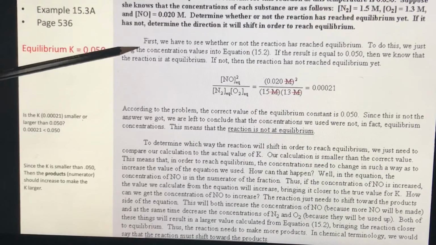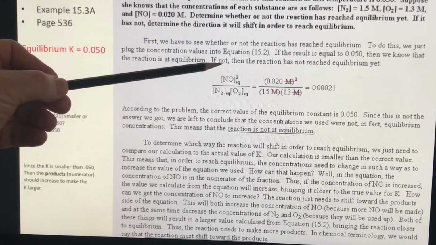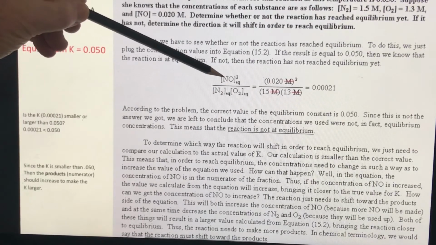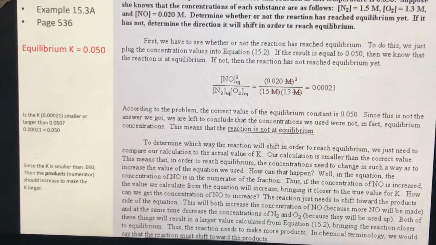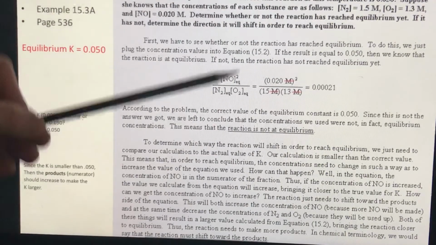So first we have to see whether or not the reaction has reached equilibrium. So first we have to calculate our K. So again, we start with our products in the numerator, the NO, the nitrogen monoxide to the second power, and then we have the reactants in the denominator. We're going to plug in these numerical values that are given here. So we have the 0.02 squared in the numerator, and then the 1.5 and the 1.3 in the denominator.